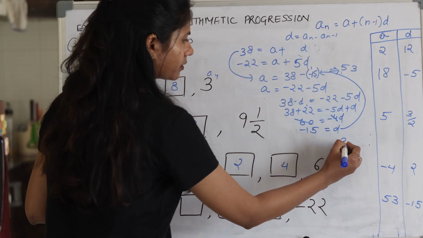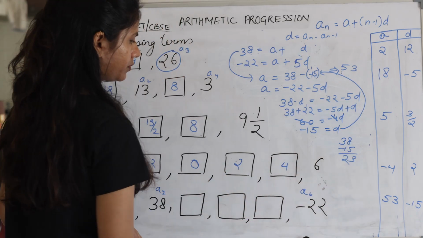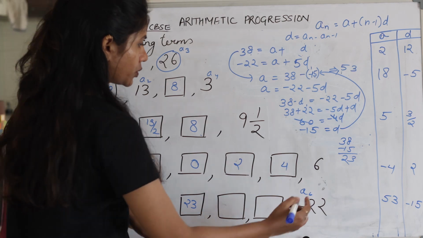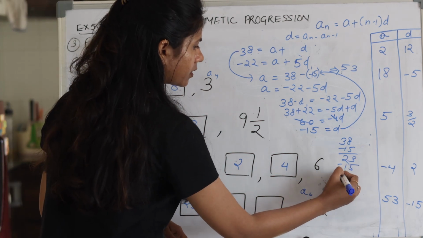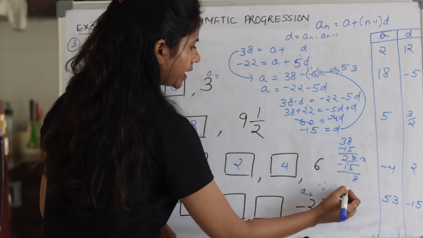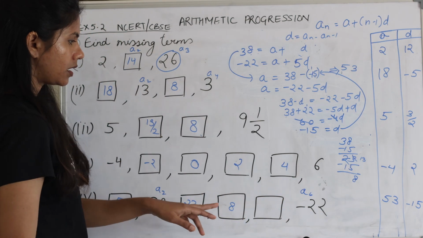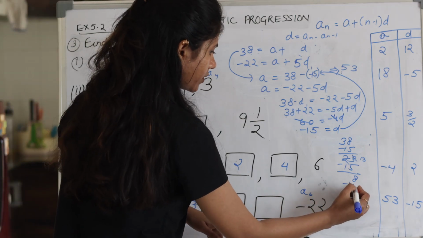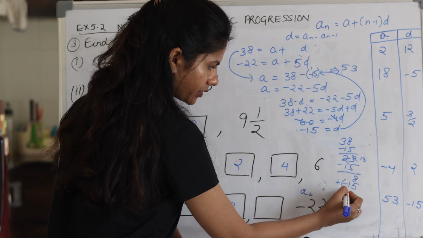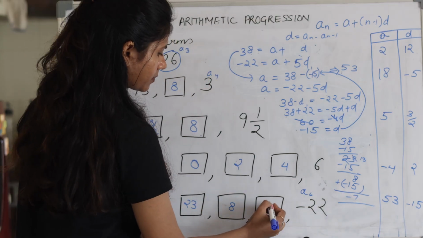How much will it be? It will be 23. Now for the next term, 23 minus 15, which will be 8. So 8. Now 8 minus 15. Okay, 8 plus minus 15, which will be minus 7.